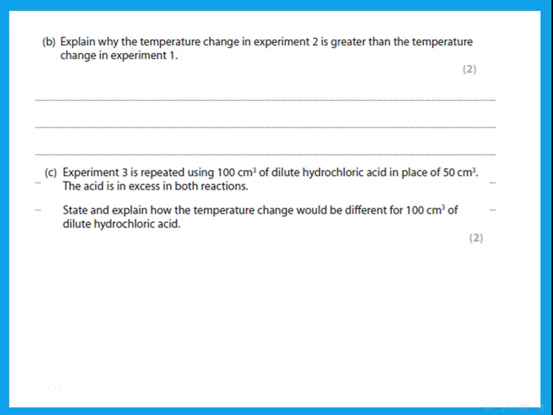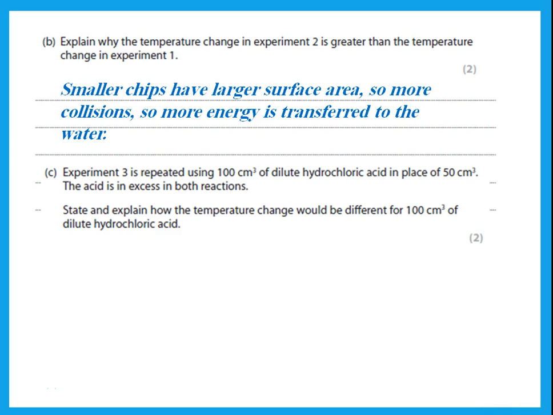So he's asking, explain why the temperature change in experiment 2 is greater than in experiment 1. In experiment 2, you had smaller chips. The smaller chips have larger surface area, so more collisions, so more energy is transferred to the water. Do we understand that? If the reaction is faster, that was because you had more surface area, more collisions. And when you have more collisions, the reaction gives more energy transferred to the water.